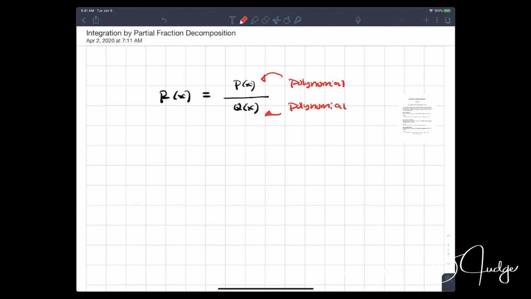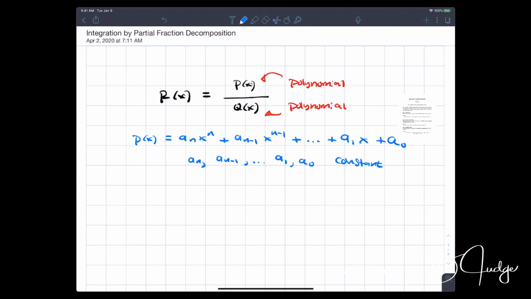Now, technically, if you want to know the real definition of a polynomial, here's how we describe it in general. That is a_n x^n plus a_(n-1) x^(n-1) and so on, down to a_1 x plus a_0, where all the a's with the subscripts, like a_(n-1), a_1, and a_0, are called constants, or just real numbers.